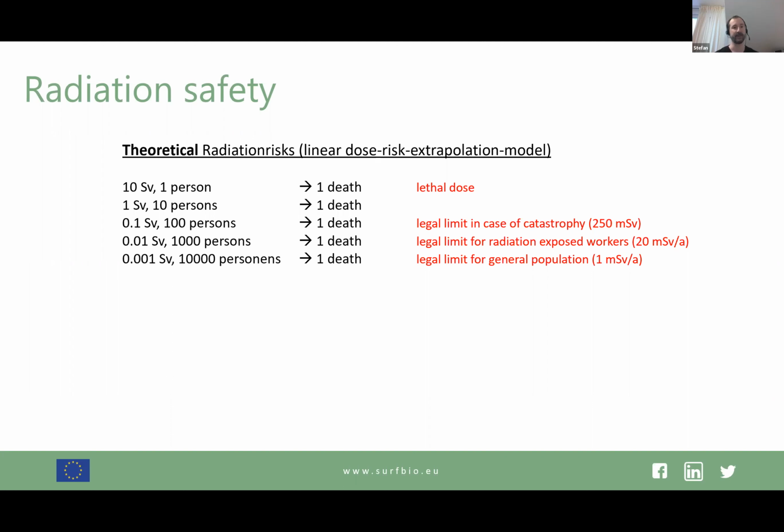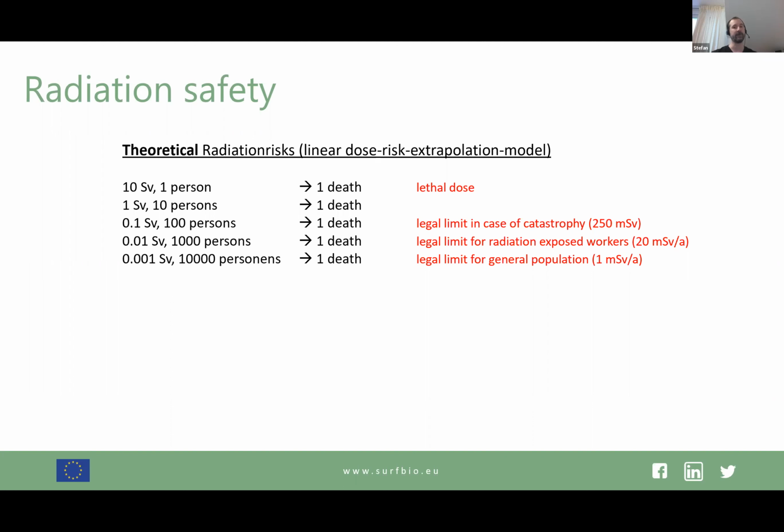Sievert is basically joule per kilogram, or energy deposition per mass, and 10 sieverts to one person is basically the lethal dose. So 10 sieverts to one person equals 1 death.